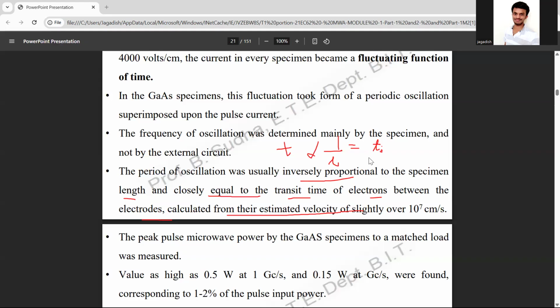These values you have to remember, whatever they have mentioned in the textbook. Same thing, because Gunn discovered it. You can't change the values, whatever he calculated.